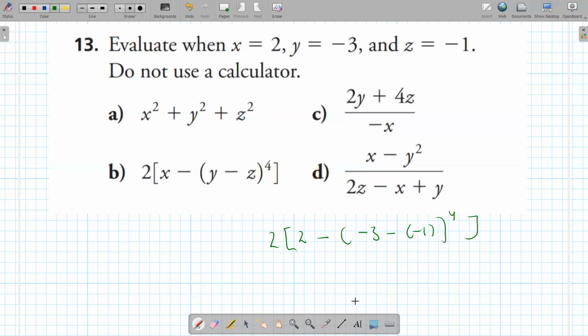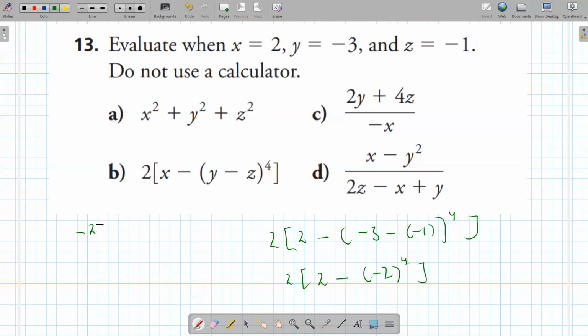Negative 3 minus negative 1. So what would that be? Negative 2. Yeah, good. Now what is negative 2 to the power of 4?